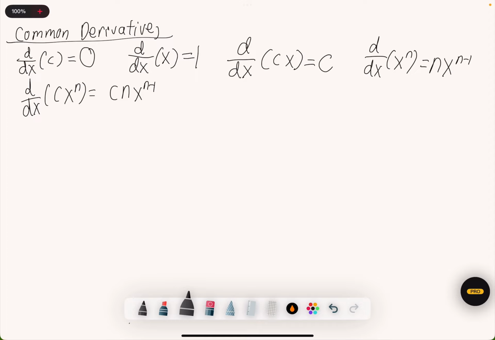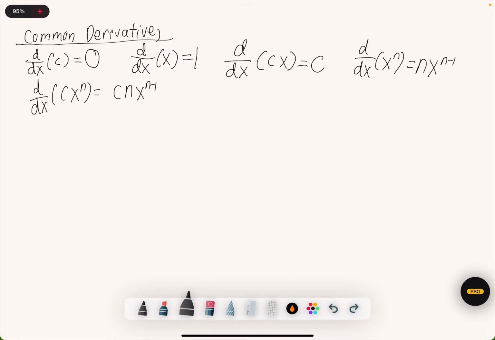So let's talk about trig functions. So these are all polynomials. Now on to trig functions. First up is sine.